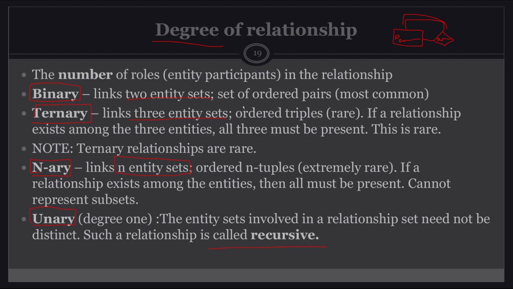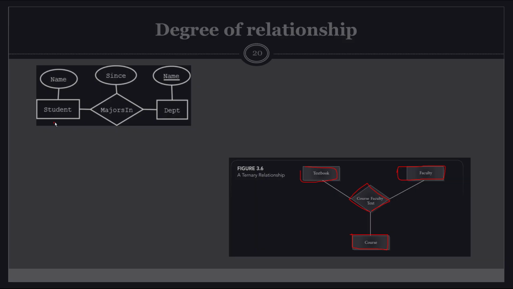Okay, one more thing is that the relations have to be ordered, okay? In this example, you have the relationship between the student and the department, and the student majors in a department.